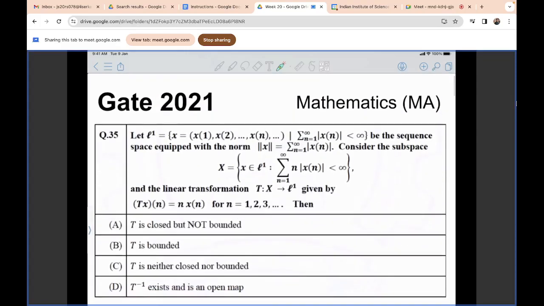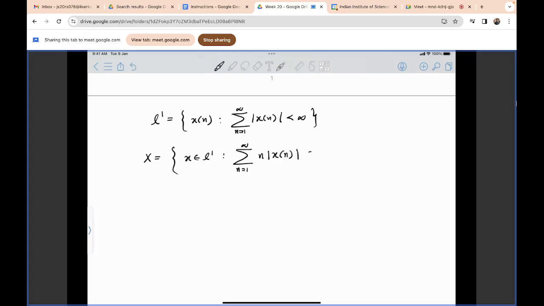Okay, let's start solving. L1 is the sequence space of such sequences which are summable. And X is a subspace of L1 consisting of all x in L1 such that the sum from n equals 1 to infinity of n times mod xn is finite.